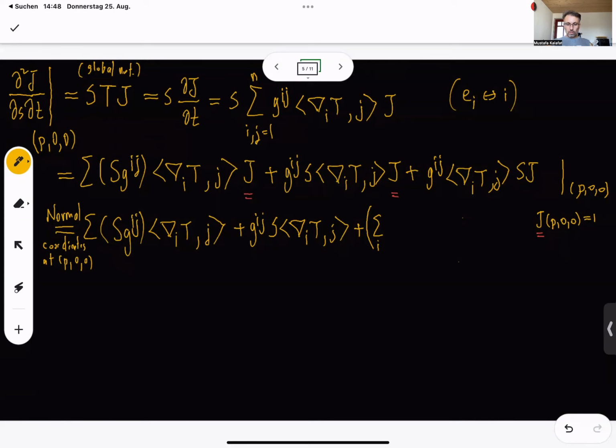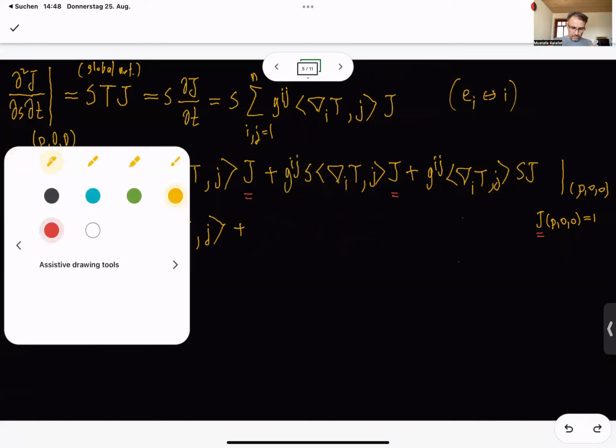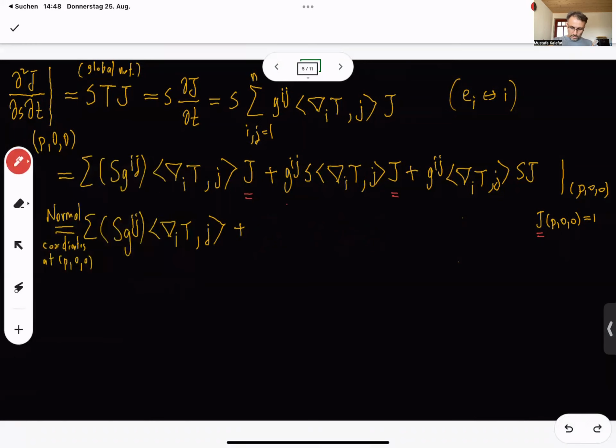Also, oh yeah, right. Remember, before writing that, I would like to make this simplification as well, of course. Here also g^ij in normal coordinates is going to be equal to 1, right? So that's going to also disappear.